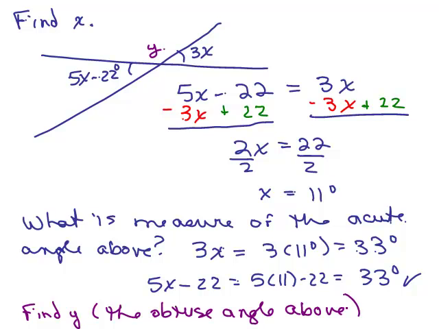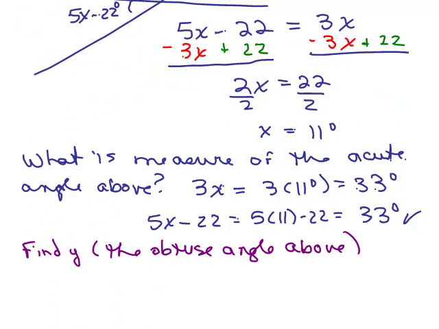Hopefully you've done it. You're just going to do 180 minus 33, because the two angles have to add up. 147 degrees. Now, of course, if you wanted to write an equation, you could write y plus 33 equals 180.